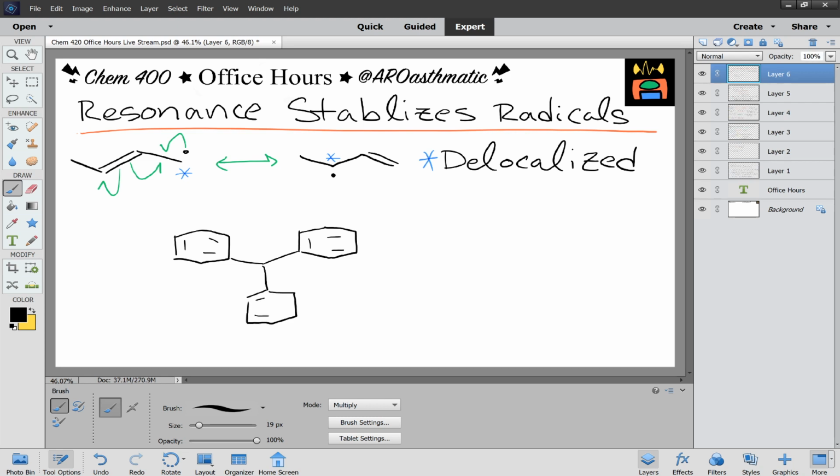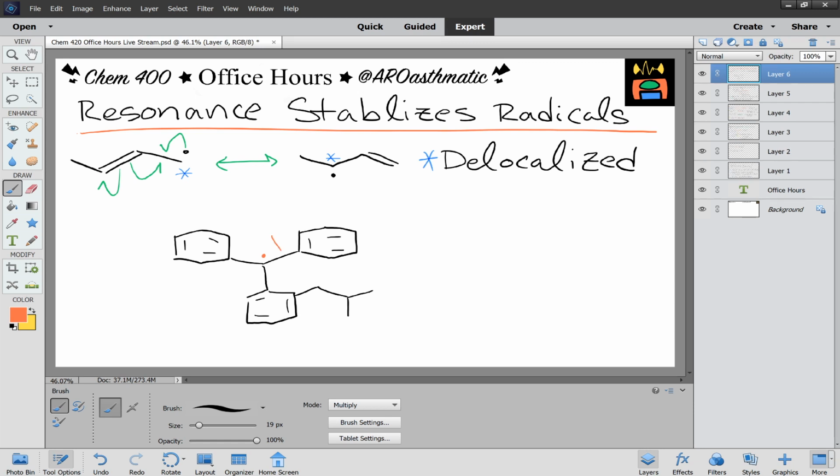All right. As we know, having a radical next to a benzene ring would be more stabilizing than an alkene, because the benzene ring has 3 alkenes, right? Well, what about forming a radical next to 3 benzene rings?